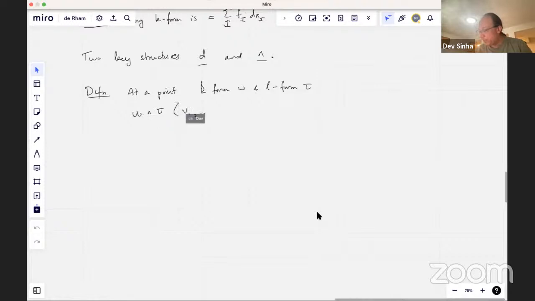So it's got to take K plus L vectors and spit out a number. And it's going to be the sum over shuffles of my indices of omega evaluated on a subset of the vectors.